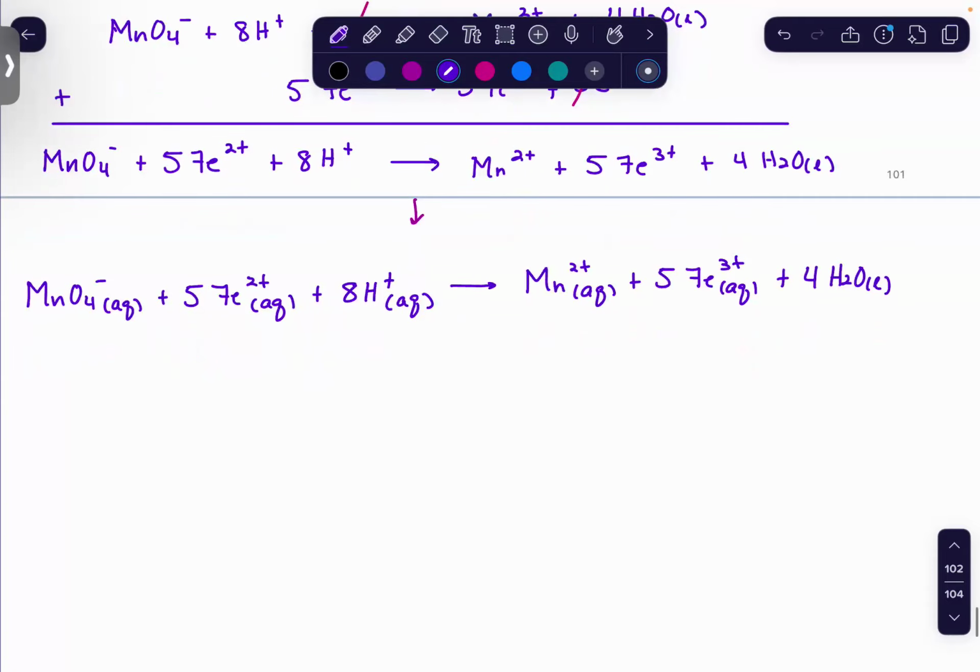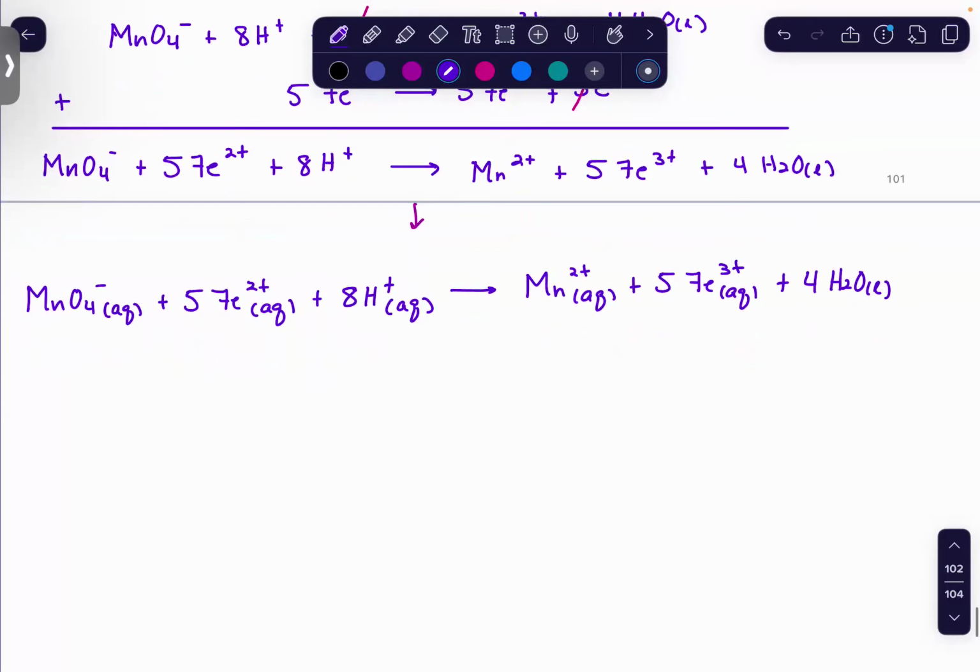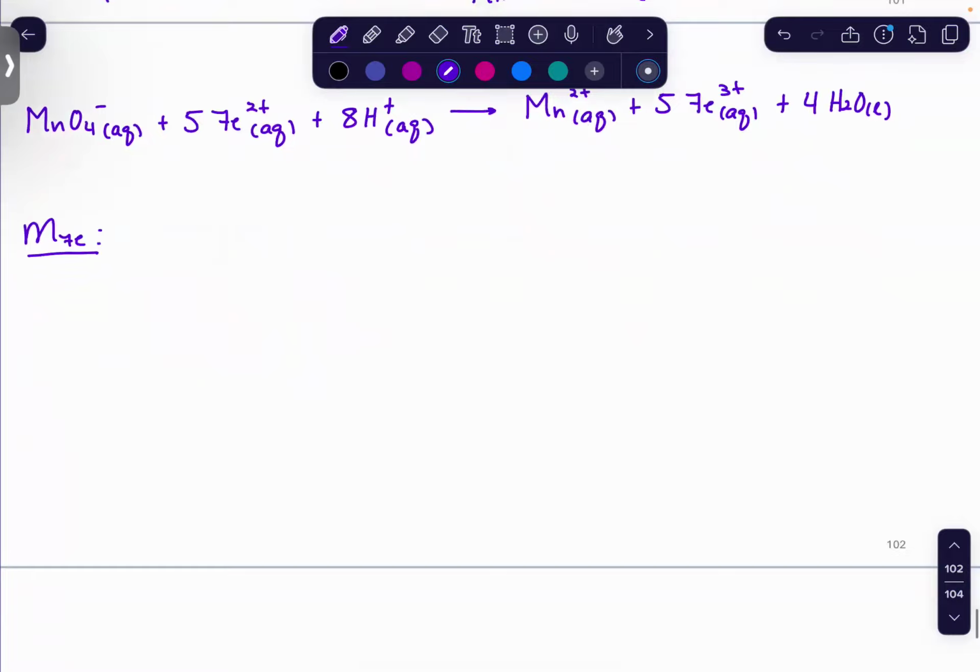So now, our mass percent is, remember, the mass of iron divided by the total mass of the ore times 100. So we need the mass of the iron in the ore. Okay, well, you have 38.37 milliliters.